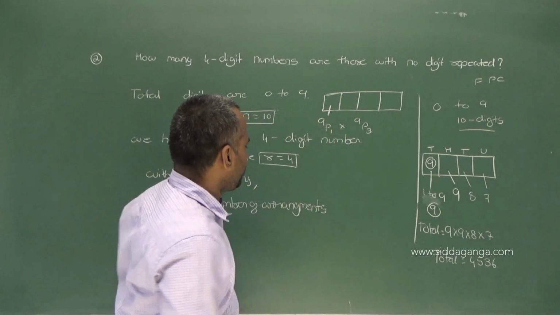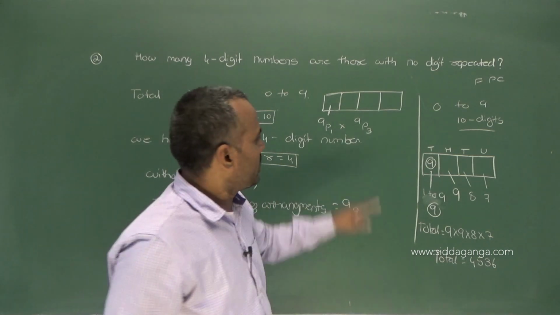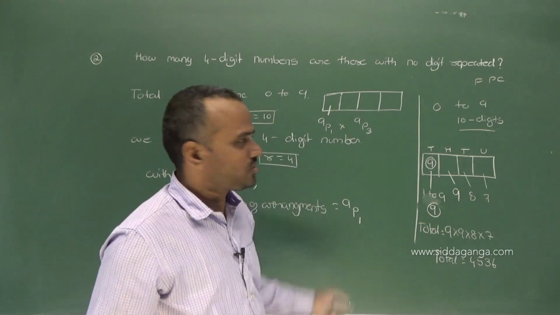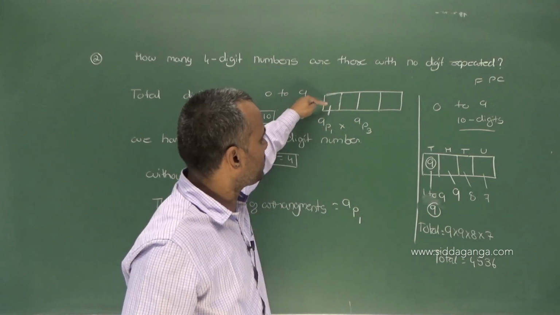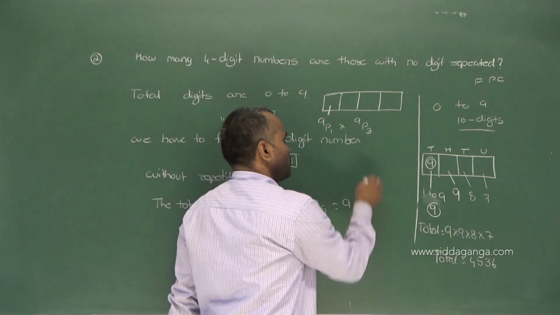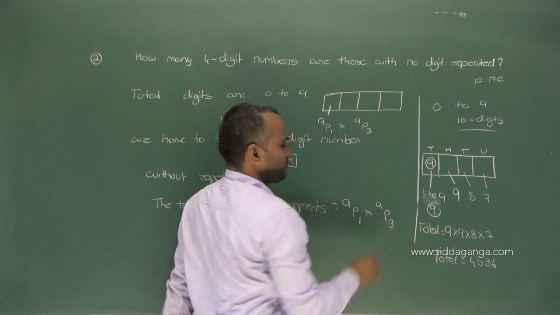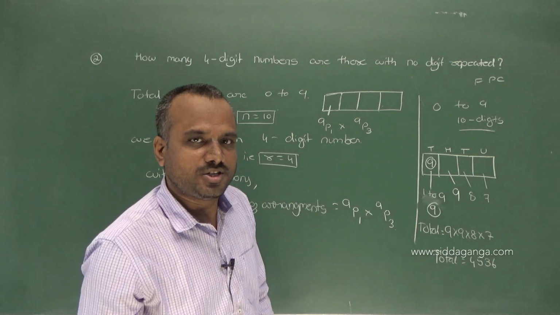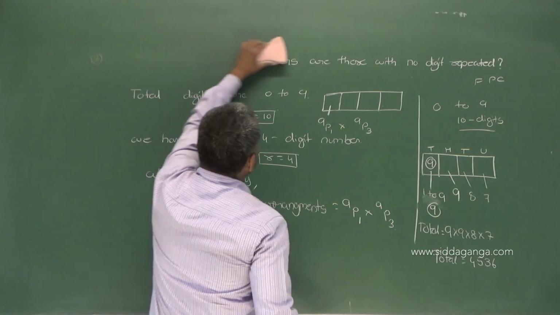So this can be done in 9P1. For the remaining 3 boxes, 0 is included, so n is again equal to 9, because we left out one digit and added 0 here. So 9P1 into 9P3. Now we calculate this one.